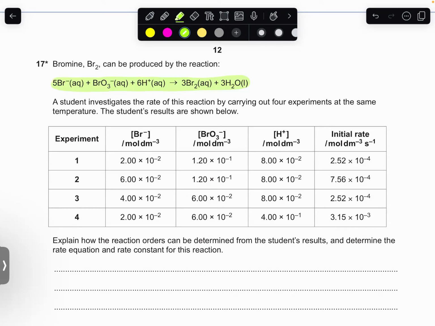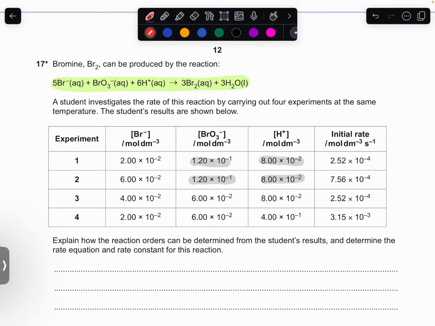Now, if we have a look at experiments 1 and 2, they are good to compare. In experiments 1 and 2, the concentrations of BrO3 minus and H plus remain constant, so we can disregard them.